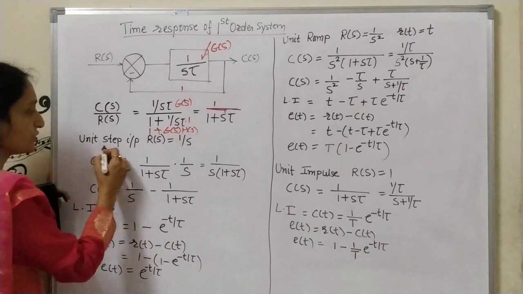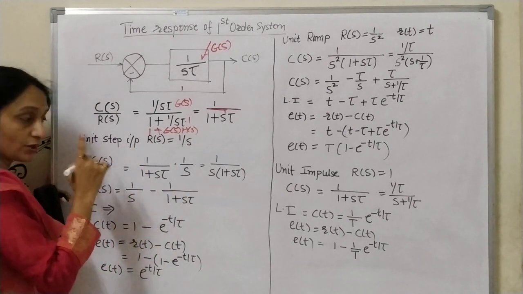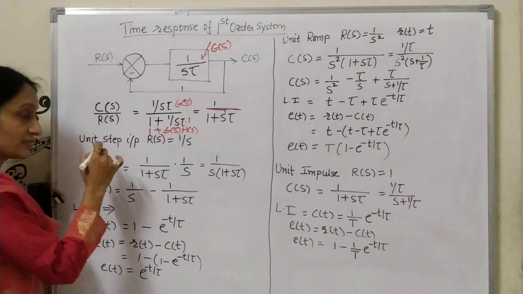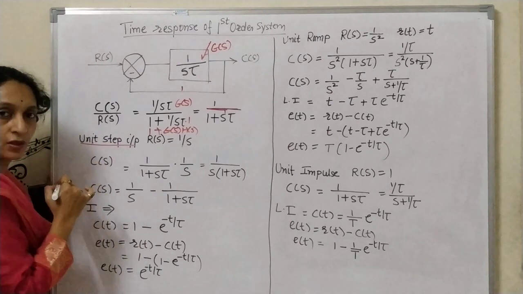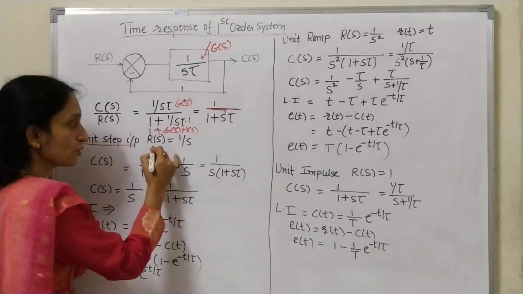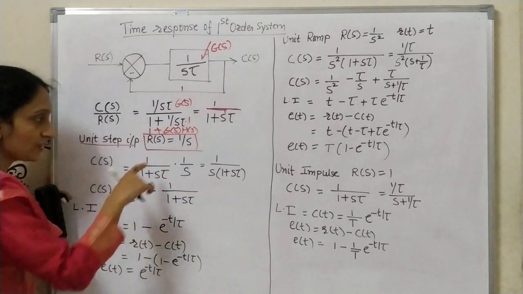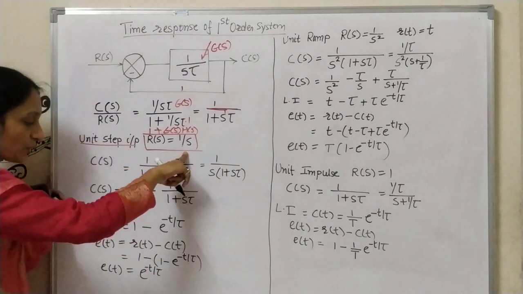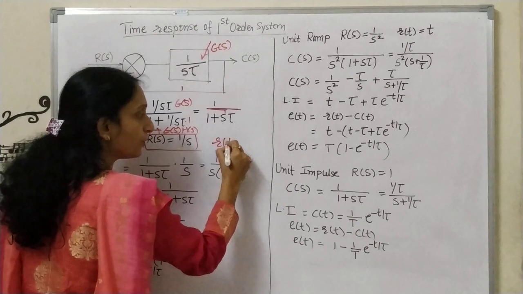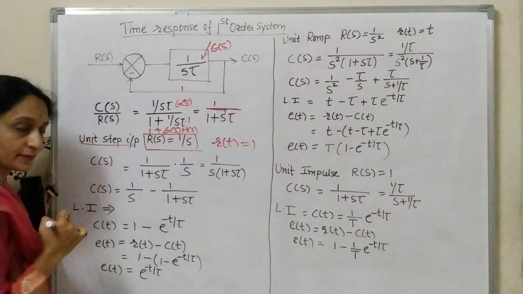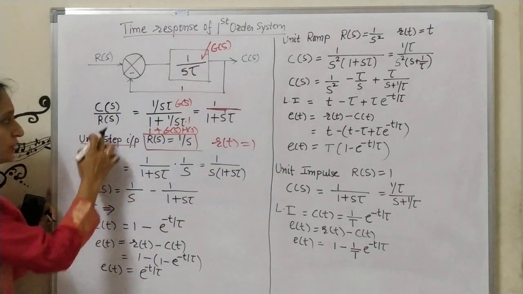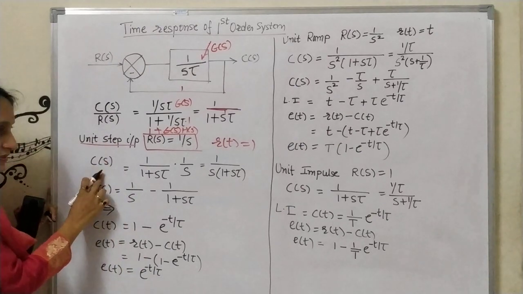Now look at the unit step input. We have studied the first standard test input as the unit step input. When I say unit step, R of s is 1 by s, which means R of t is 1. Here C of s upon R of s is there.